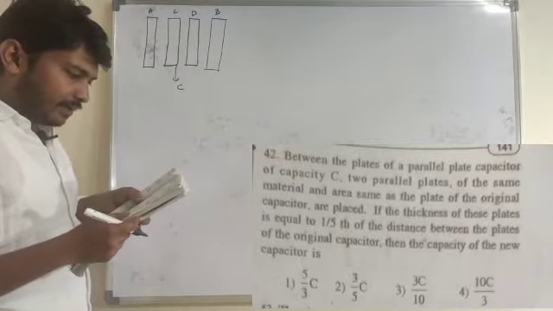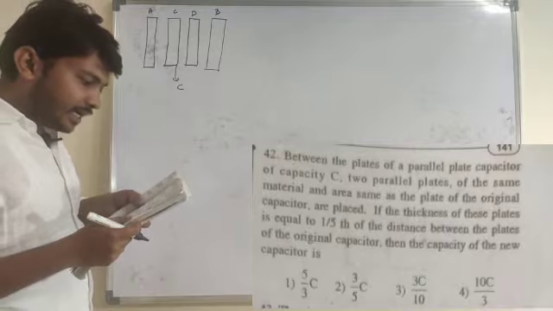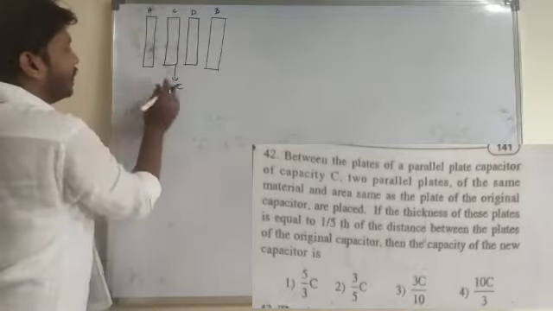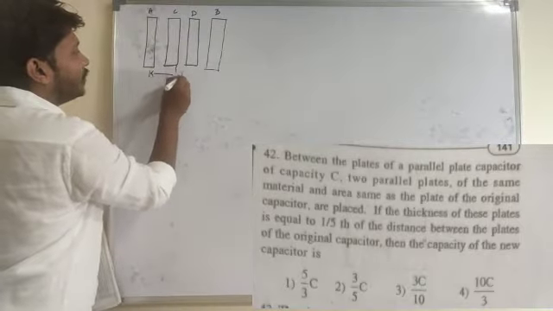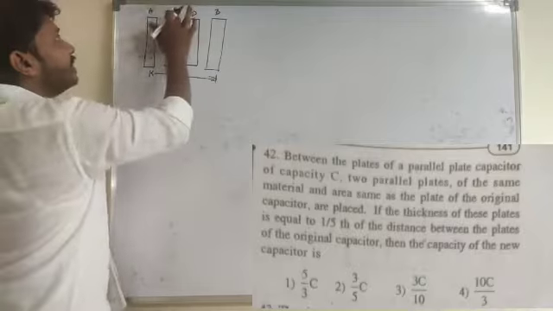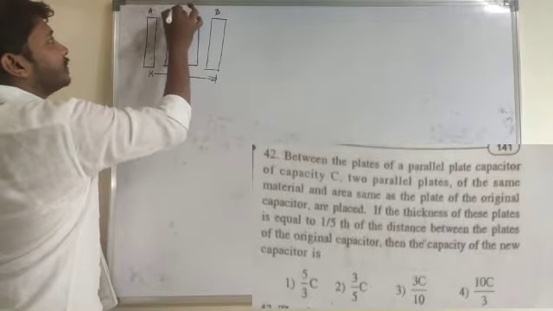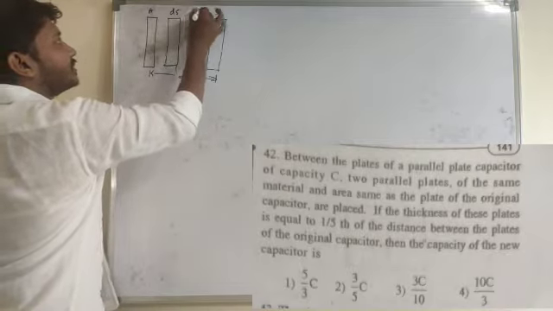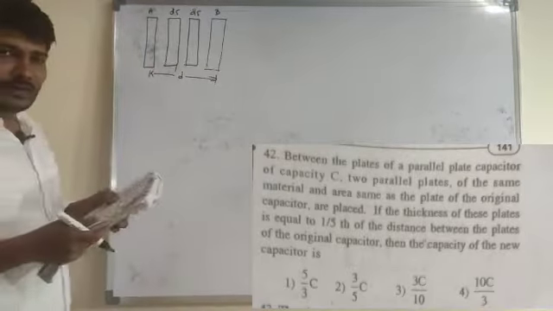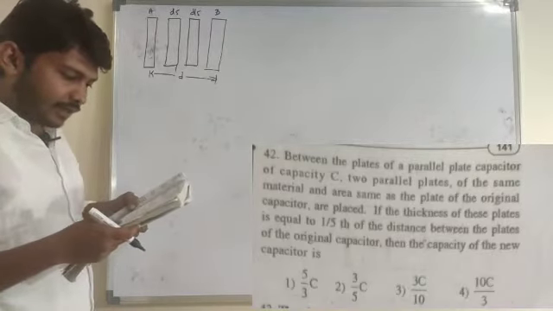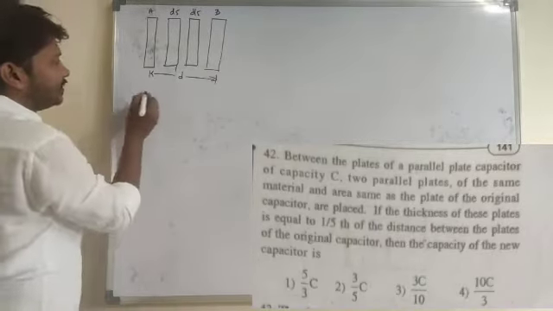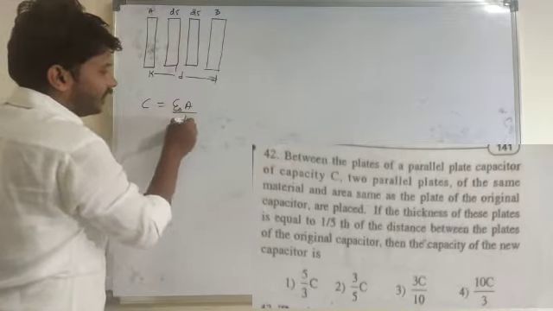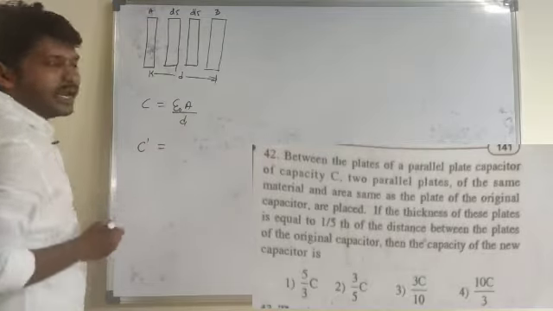If the thickness of these plates is equal to 1/5 of the distance between the plates of the original capacitor. Look here, the original distance is D. The thickness of these two introduced plates will be D by 5 each. The new capacitance value will be, so initial capacitance C is equal to epsilon naught A divided by D. Now C dash is equal to what?